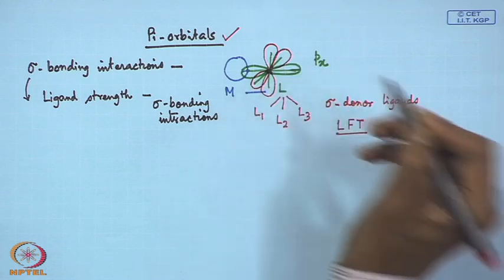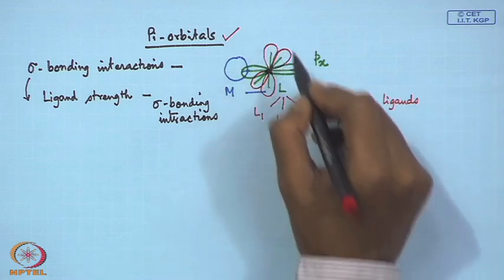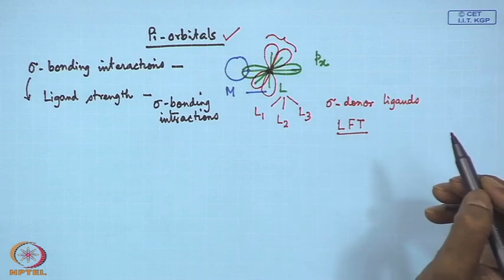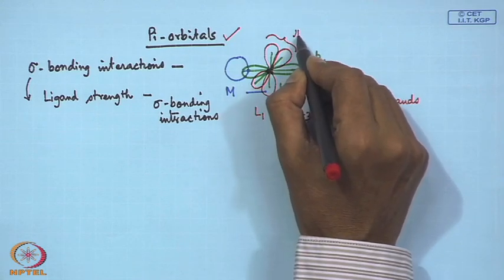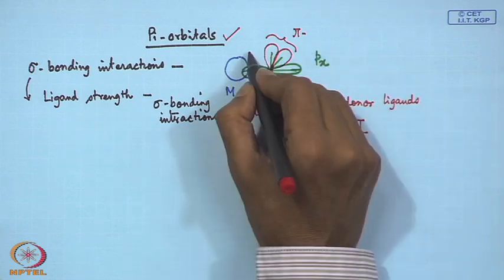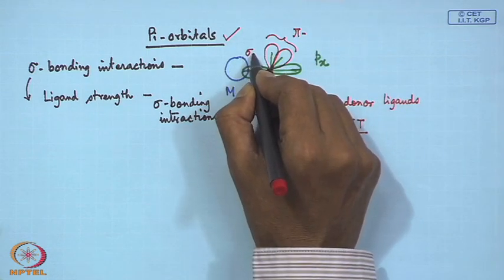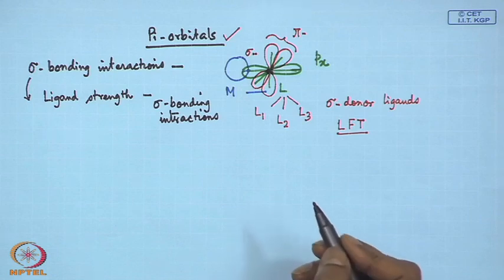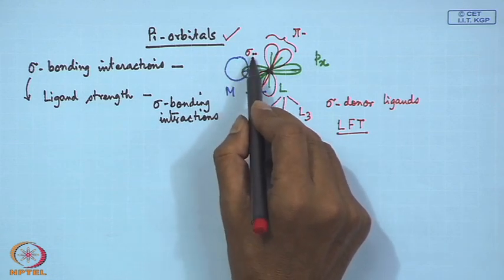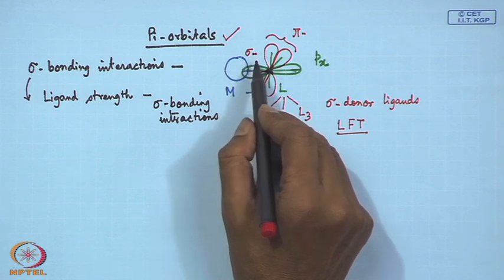Though they are not directly facing the metal-ligand axis, they are in other orientations and will give the corresponding pi interactions, whereas the head-on overlap between the px and suitably placed metal orbitals gives rise to sigma interactions.